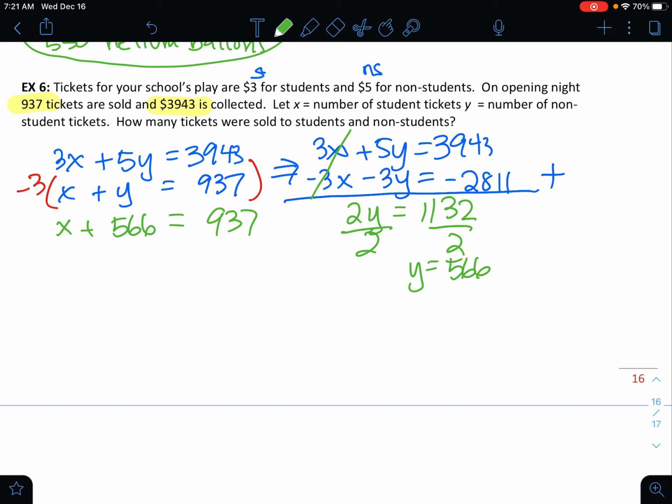So minus 566 gives me 371. X is the student tickets. So 371 student tickets. And then I have 566 non-student tickets.